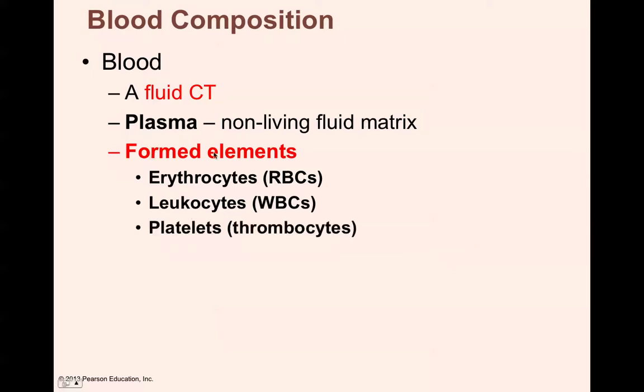The formed elements are erythrocytes or red blood cells, leukocytes, which are the white blood cells, and there are actually several subtypes of white blood cells, which we'll be talking about, and platelets, which are also referred to as thrombocytes, although a platelet is actually just a fragment of a large cell that had burst into little pieces, and that's the way platelets circulate within the blood.